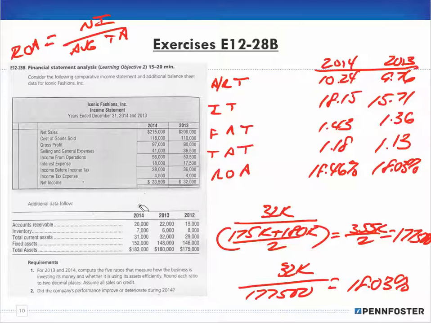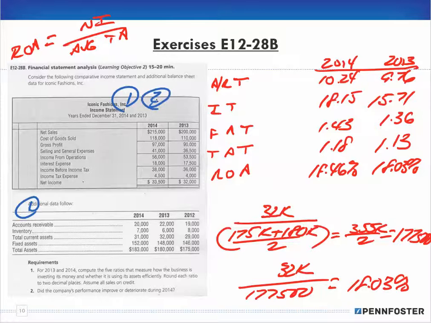Now, what are we looking at here? In the scheme of things, what you're basically doing is, let me do it like this, in a step process. Number one, you've created your financial statements, your income statement and your balance sheet.